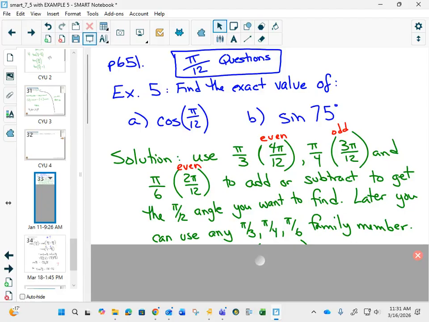And notice that with the pi over 6 and pi over 3 and pi over 4, I made them all common denominators of pi over 12, so you could see ways that you could get pi over 12. And we're not restricted to just the first quadrant. You can use any pi over 3 family member, any pi over 4 family member, any pi over 6 family member. And then you can find out any pi over 12 question.